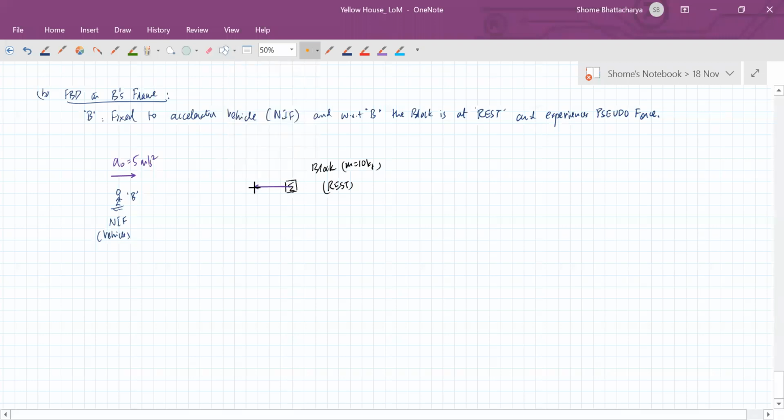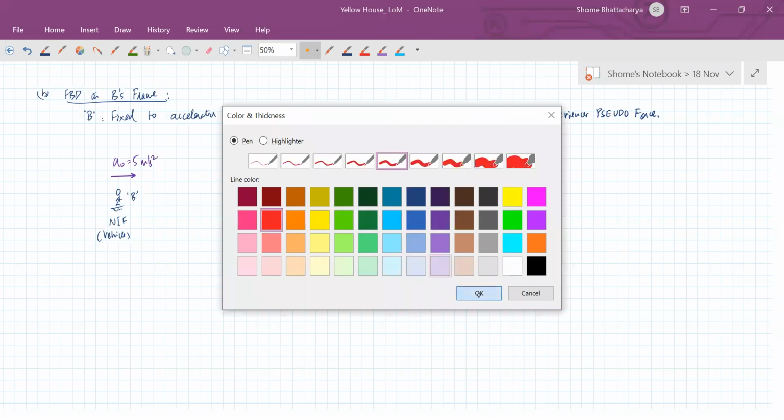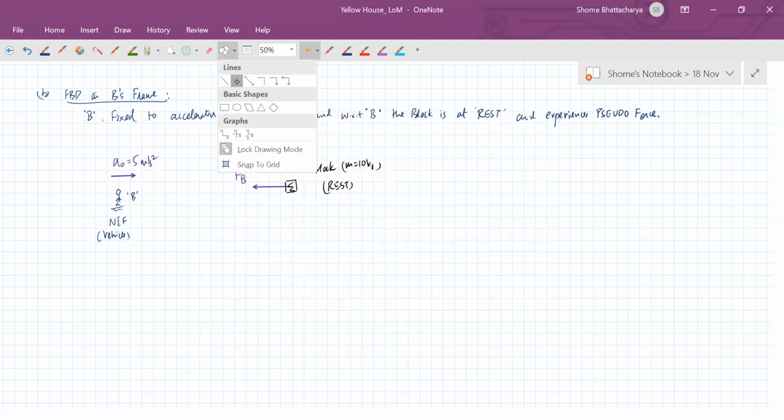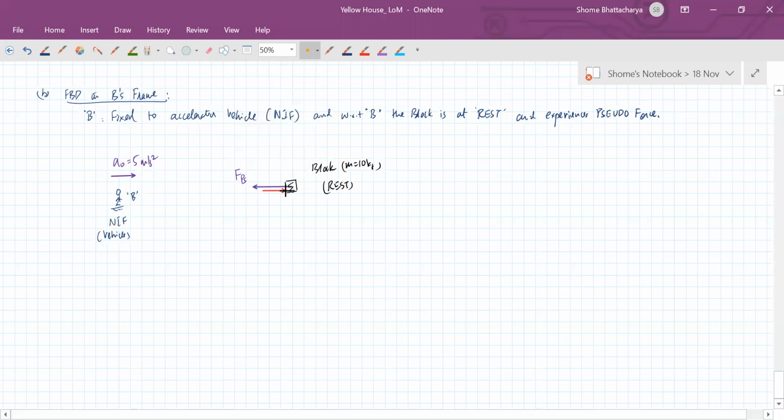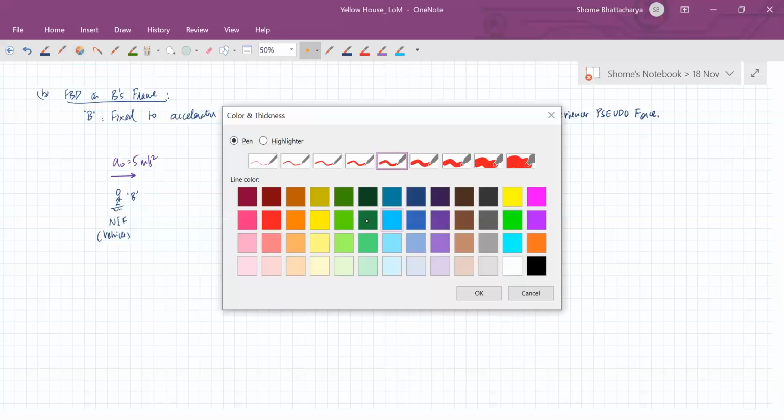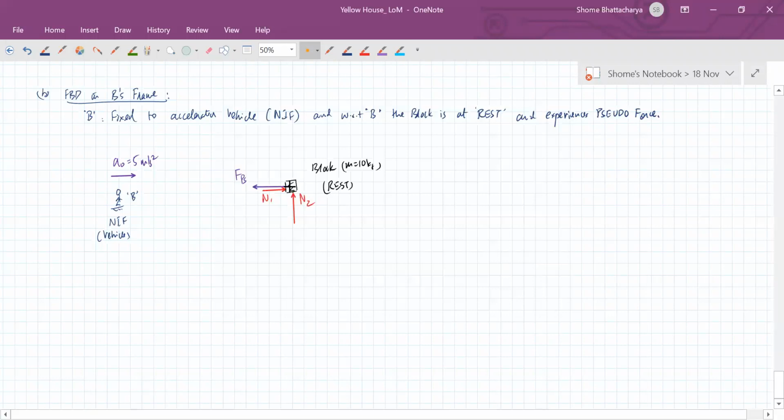The direction of pseudo force should be opposite to the direction of acceleration. And this is what causes the block to be pushed against the backrest, and the backrest has to apply an equal and opposite normal reaction. So this normal reaction N1 is because of the pseudo force pushing the block against the backrest.